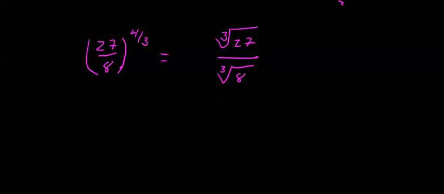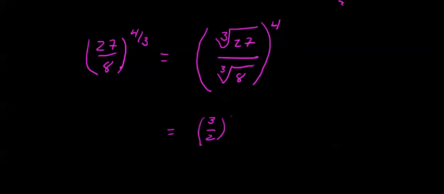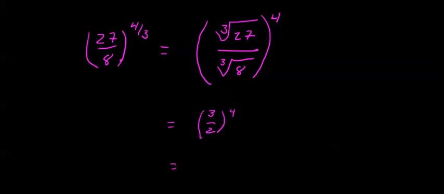I look at the numerator and denominator separately, and then that's all raised to the 4th power. Well, the cube root of 27 is 3, the cube root of 8 is 2, raised to the 4th power, and 3 times 3 is 9, 9 times 9 is 81, 3 to the 4th power is 81, and we already looked at 2 to the 4th power is 16.